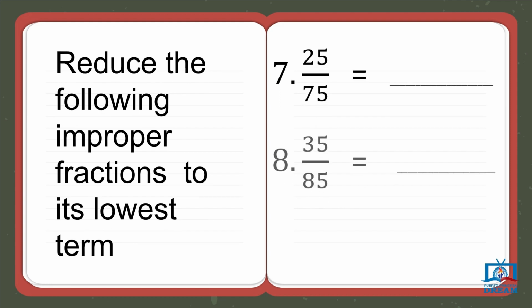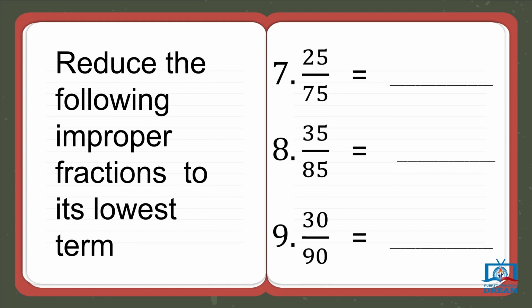For numbers 7 to 9, reduce the following improper fractions to its lowest term. Number 7. 25 over 75 is equal to blank. Number 8. 35 over 85 is equal to blank. Number 9. 30 over 90 is equal to blank.